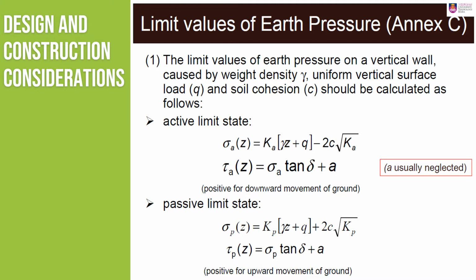And then the shear stress at depth z is equal to the overburden times tangent delta plus a, and usually a is neglected. And for passive limit states, the formulas are given here for normal overburden stress at depth z and similarly for the shear stress.